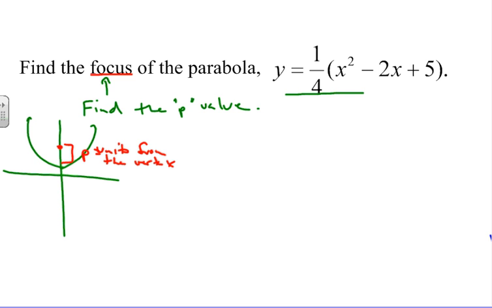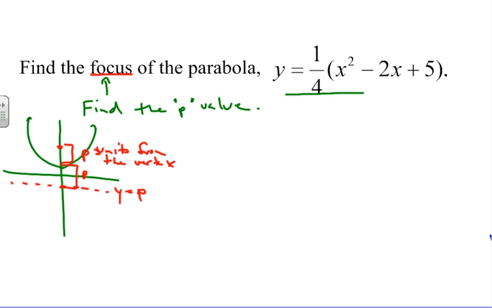And we also know that the directrix is located, y equals negative p in this case, p units from the vertex as well. So that is why it's important to find the p-value, and that's what's going to help us find the focus.